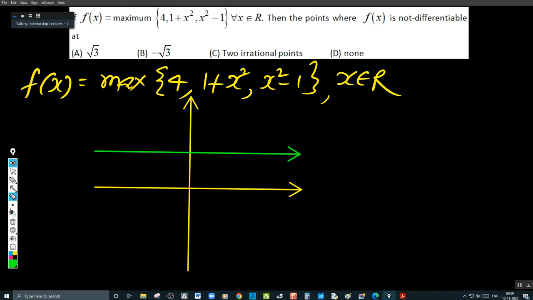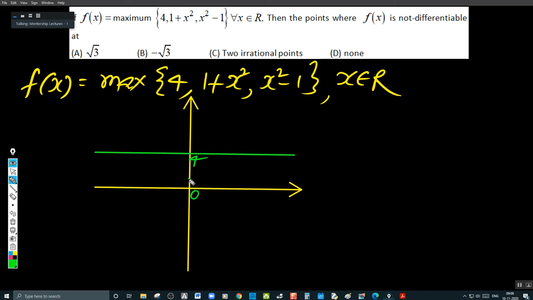So what happens to the second function there? It is 1 plus x square. Put x equal to 0, y is 1. This is 4, don't forget. Y is 1 means somewhere 1/4 of this from the origin.